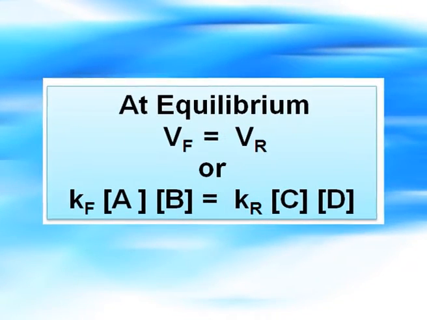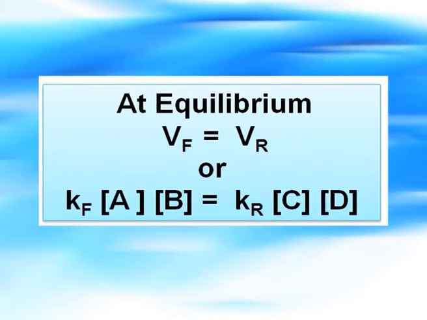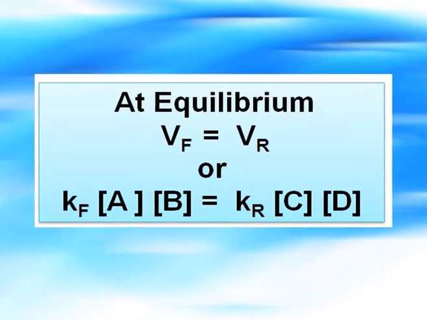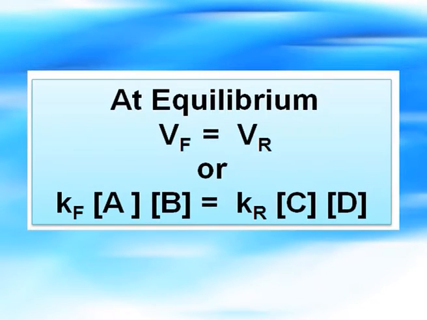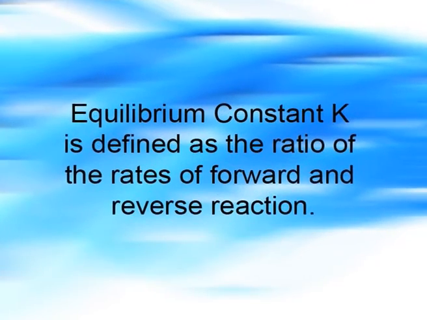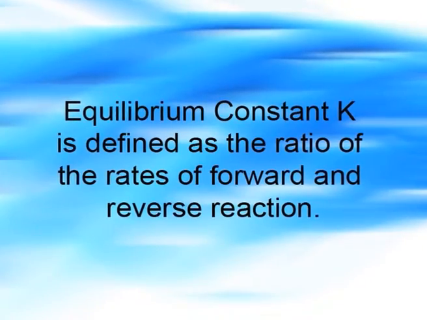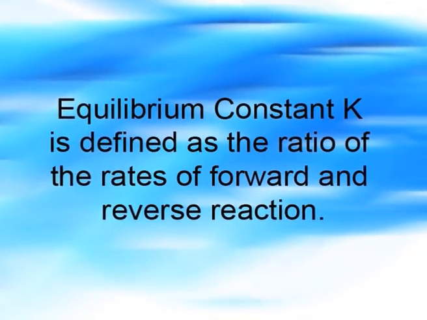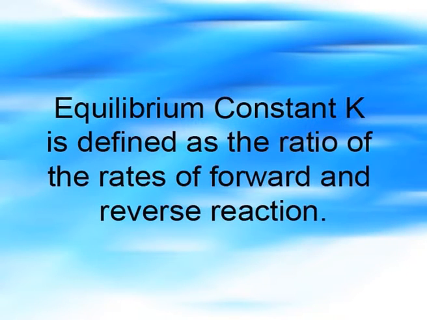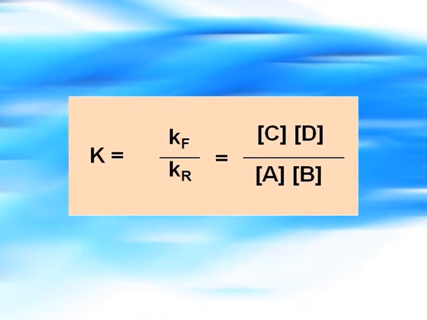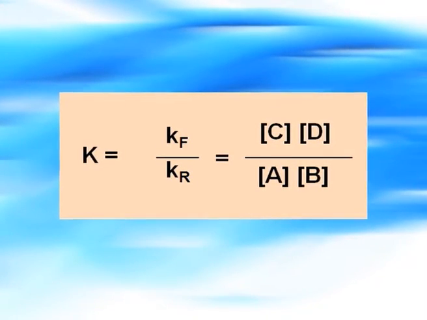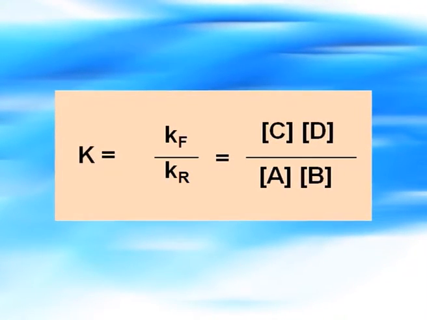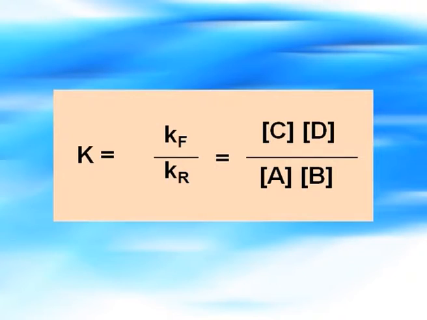Or in other words, at equilibrium, Vf equals Vr, or Kf times concentration of A times concentration of B equals Kr times concentration of C times concentration of D. Equilibrium constant K is defined as the ratio of the rates of forward and reverse reaction, or in other words, K equals Kf by Kr, which in turn equals concentration of C times concentration of D divided by concentration of A times concentration of B.